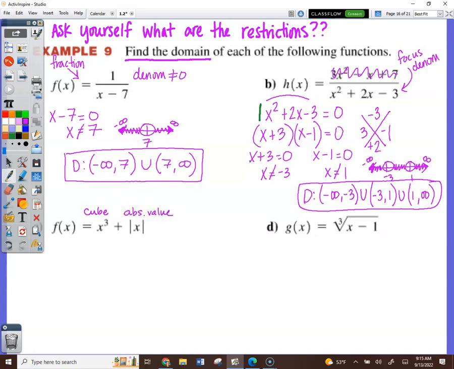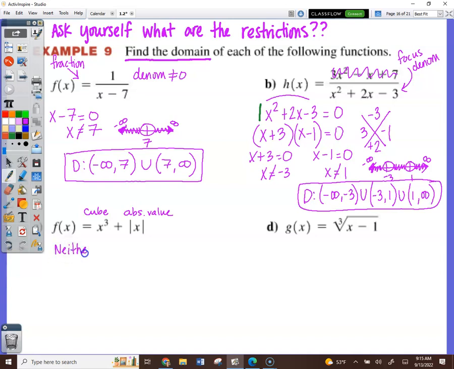Are those one of the two words that I said to be careful for? Nope. Which means, are there any numbers off limits here? Nope. So if there's no numbers off limits, imagine your number line. What's allowed? There you go. All of them. So let's make a note.